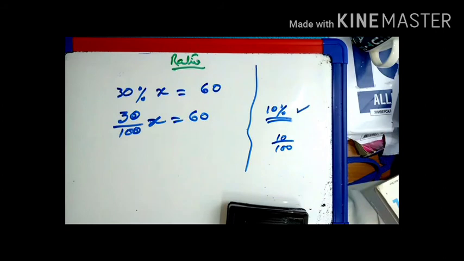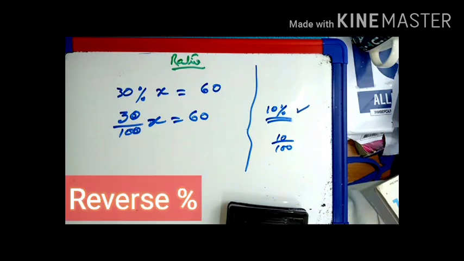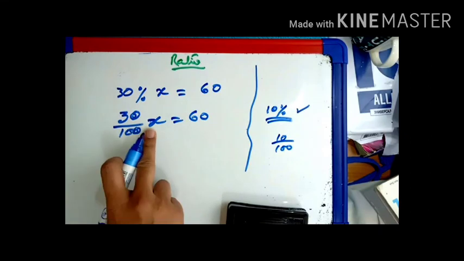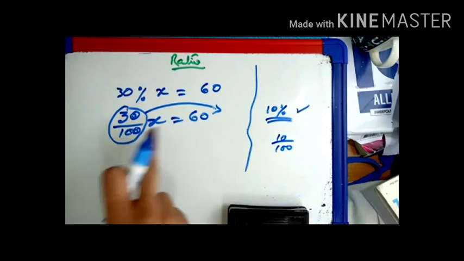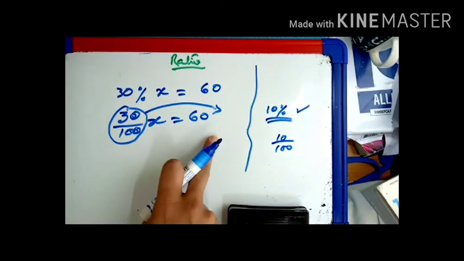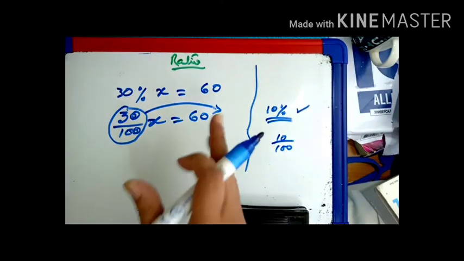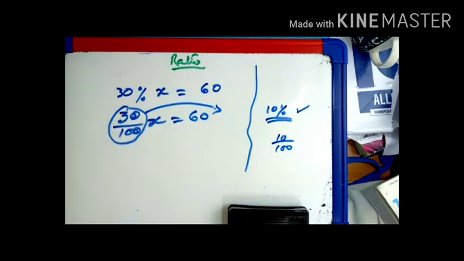Now, in order to find x, I want to shift this one over here. When you shift 30 over 100 to the right side, it will change. 100 will go in the numerator and 30 will go in the denominator. You agree? Very good.